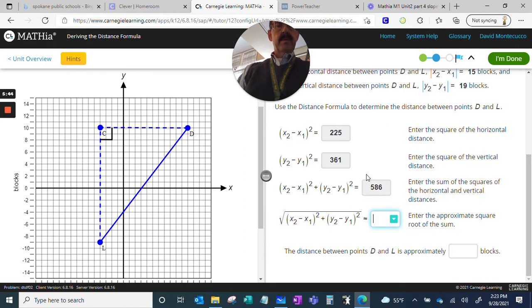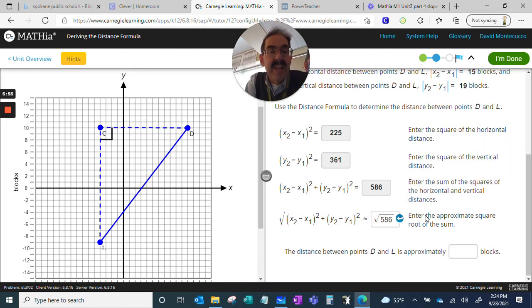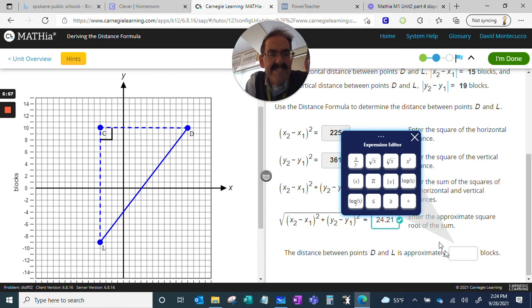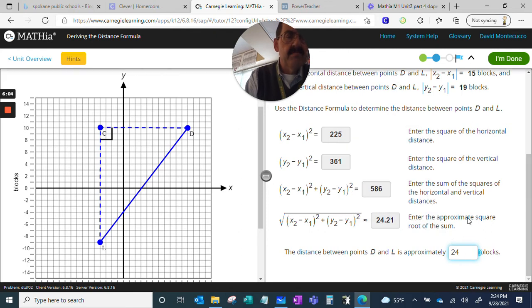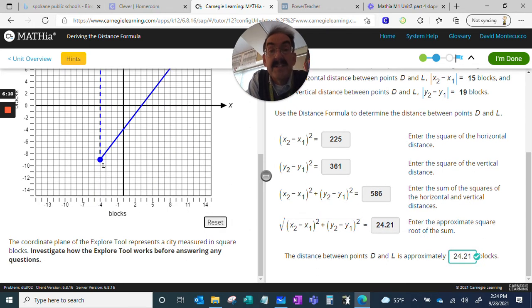So let's click on our menu because I don't remember the square root of 586. All right, the distance is approximately 24 blocks. 24.21. Then it's not approximate, is it? It's exact. Okay.